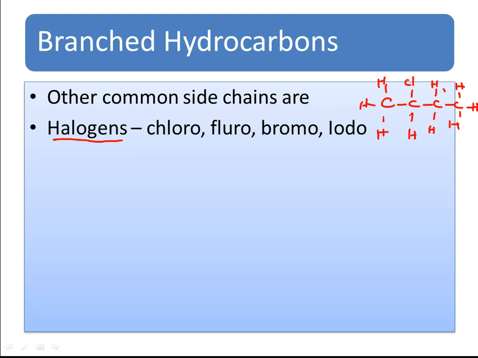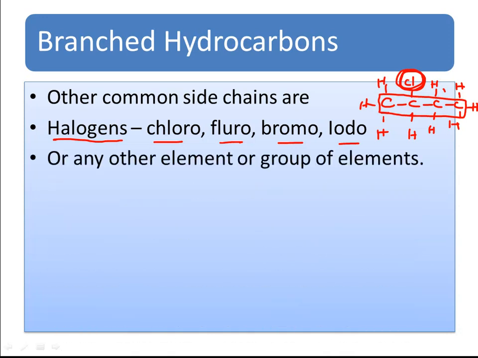Hydrogen atoms are not considered to be side chains, but anything else that is not a hydrogen, which is coming from the longest chain, because this is our longest chain of carbon atoms, is considered a side chain or a branch. So if I've got chlorine like that, it becomes a side chain. How do we name halogens when they form side chains in a hydrocarbon? They become named as chloro, fluoro, bromo, and iodo.